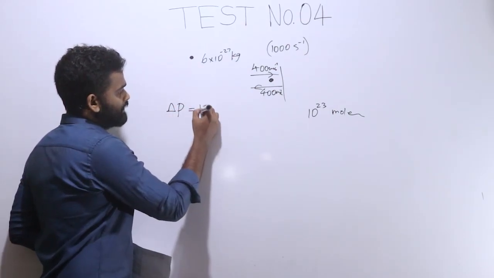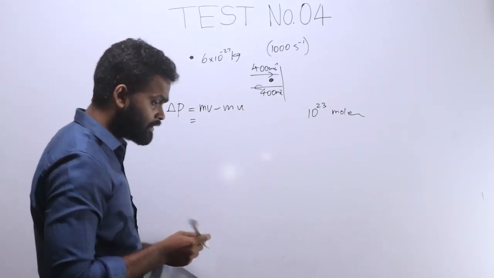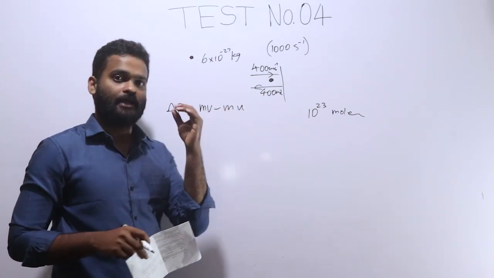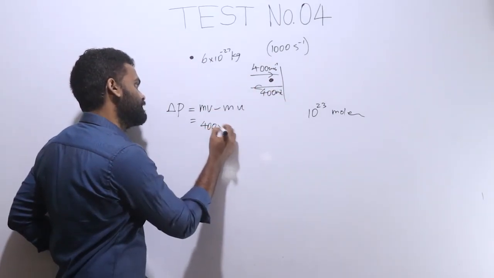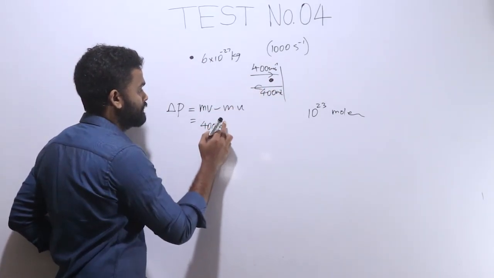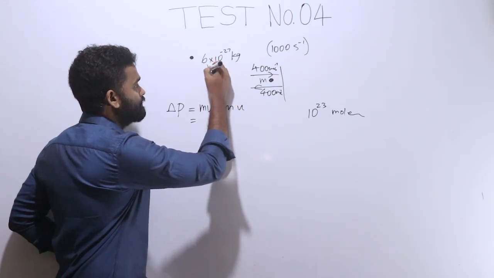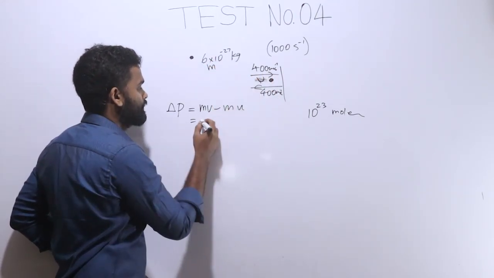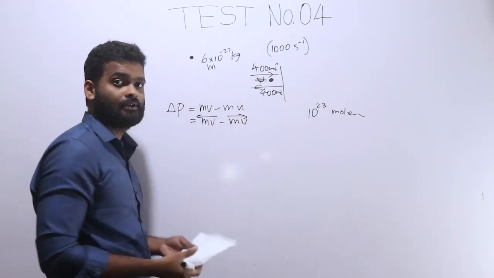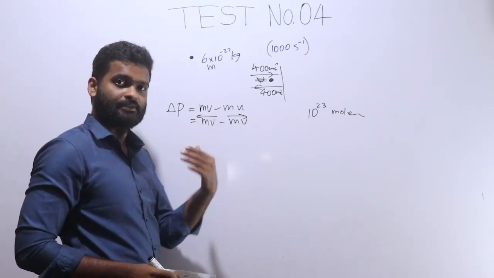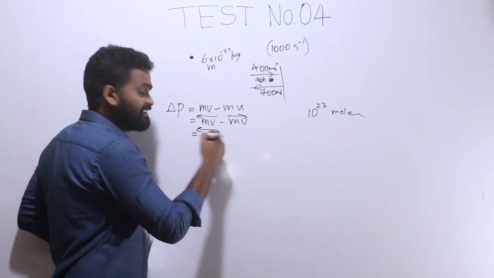So the change of momentum is mv minus mu, final momentum minus initial momentum. As you find the difference, you have to be careful about the directions. I'll just say the mass is m and the velocity is v. So mv to this side minus mv to the other side. If it just bounces off in the opposite direction, it's better to remember that you just have to add the velocities.